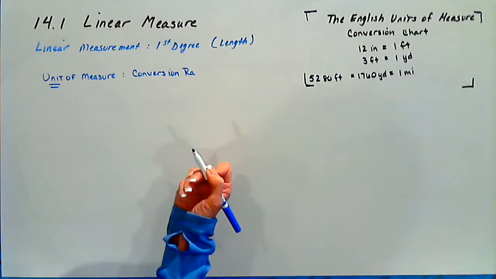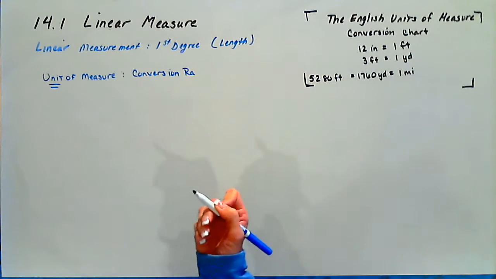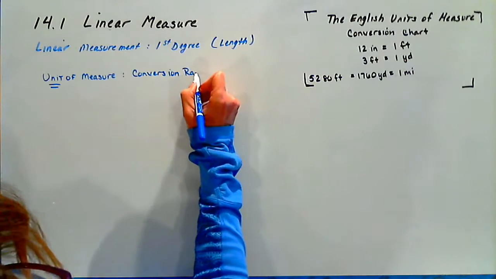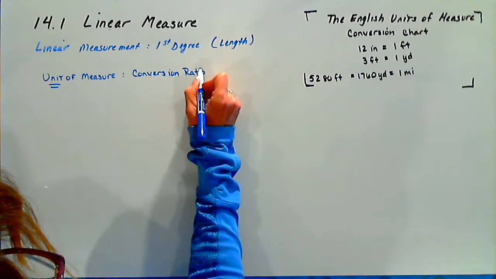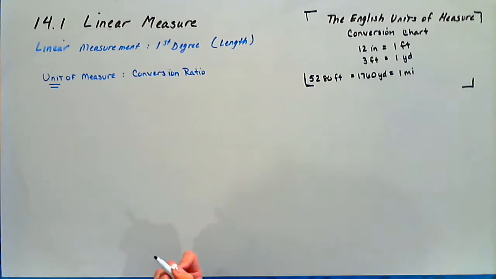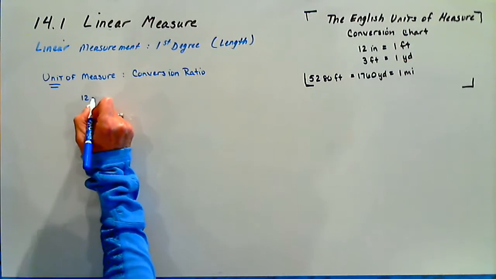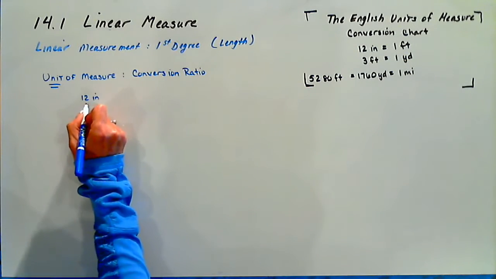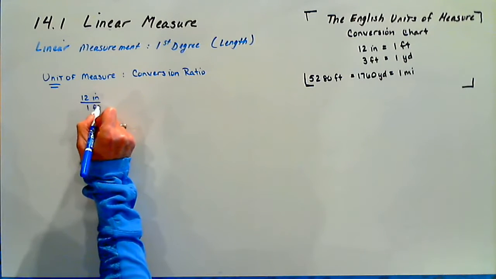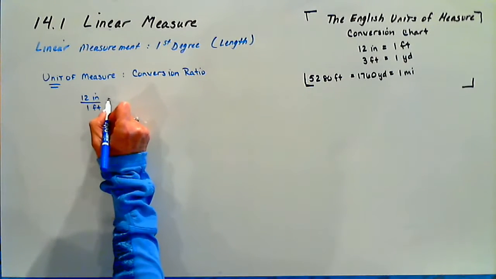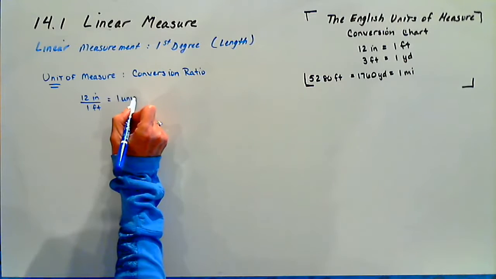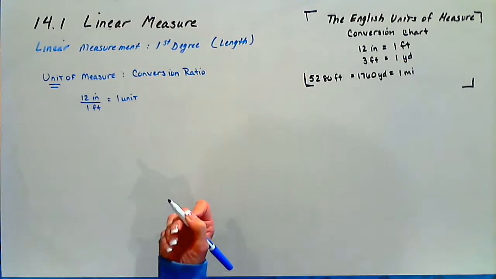A rate is a comparison of 2 quantities, so we can also think of it as a ratio or 1 fraction. For example, 12 inches we know is the same as 1 foot. So this is considered 1 unit because they're both the same.